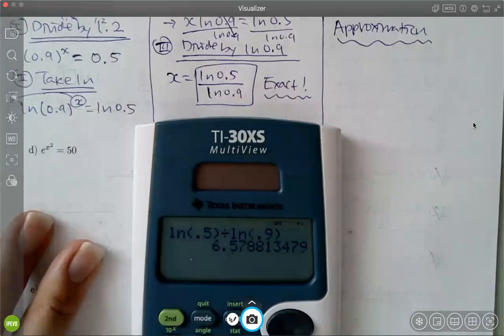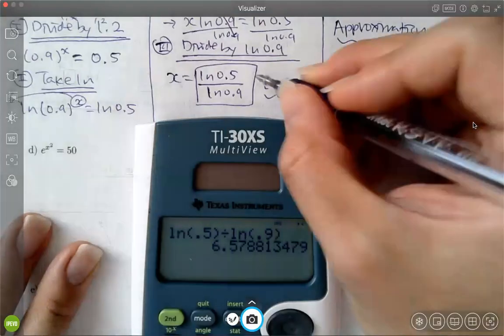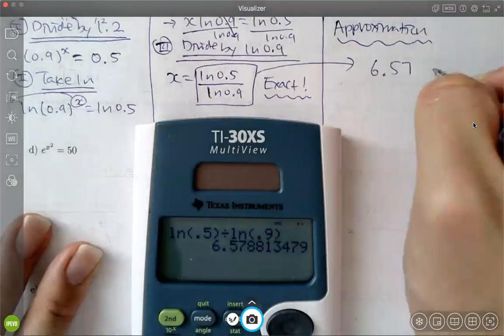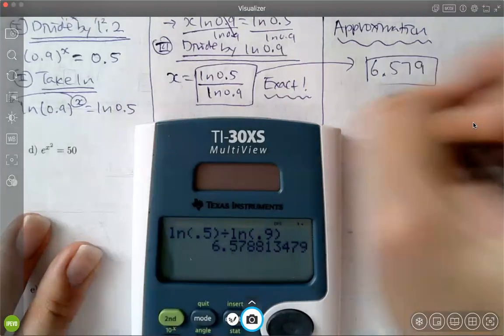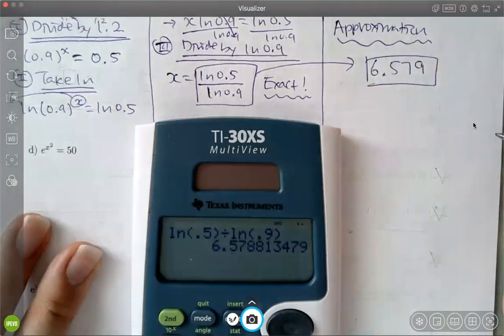Okay, this time we don't see any error, so that's a good sign. And so we get 6.5788, but remember we have to round to 3 decimal places. So what's the answer? It's 6.579.